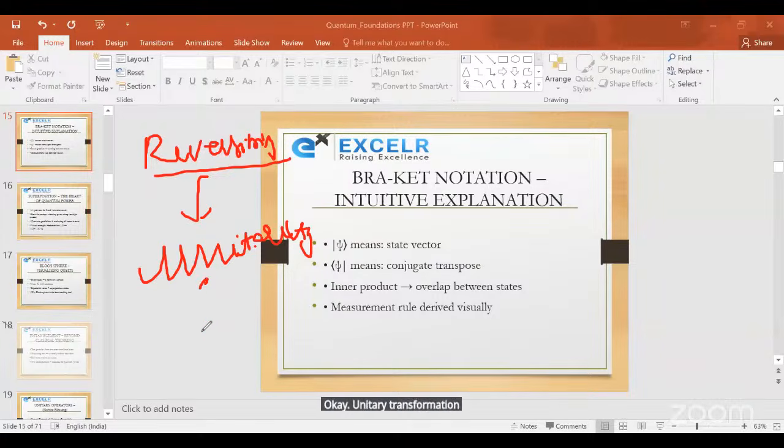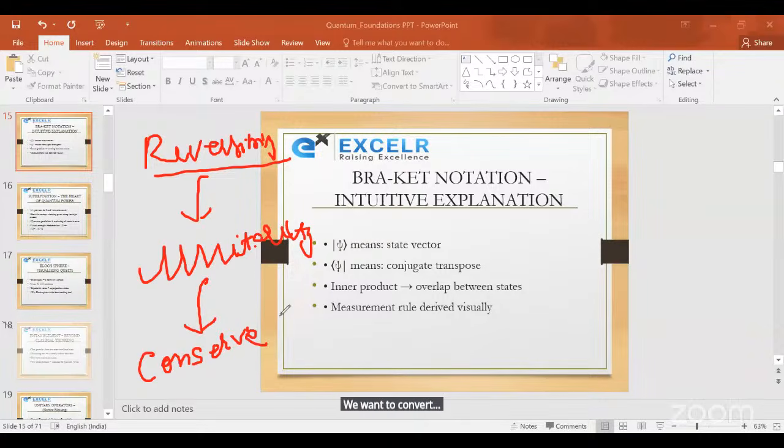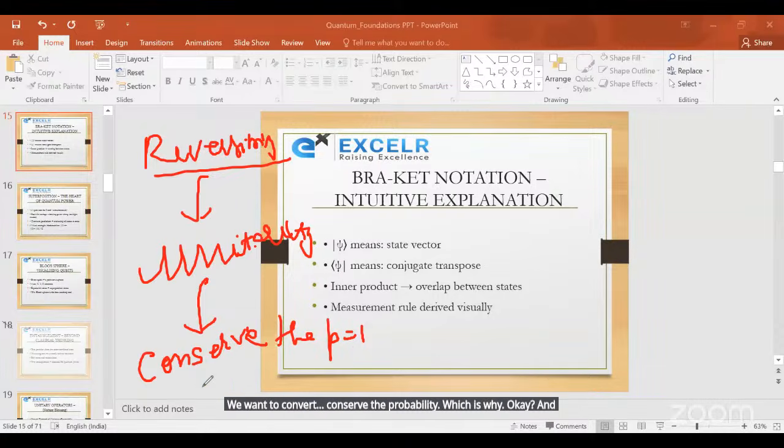And this unitary transformation comes from the fact that we want to conserve, it's a more common term, the probability, which is 1.